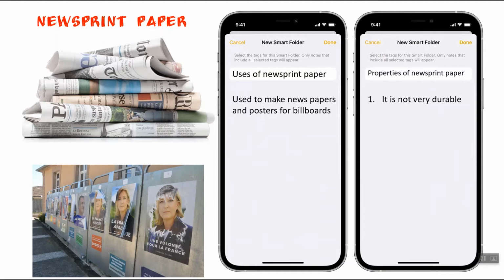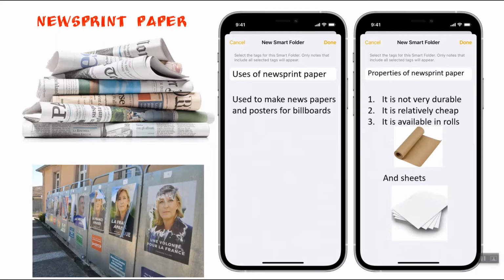It becomes yellow when exposed to the sun, for example. It is relatively cheap and it is available in rolls. It is also available in sheets, and it is 100% recyclable.